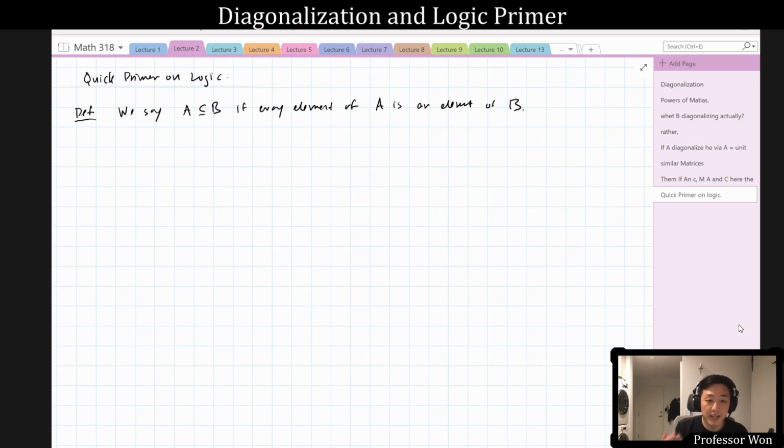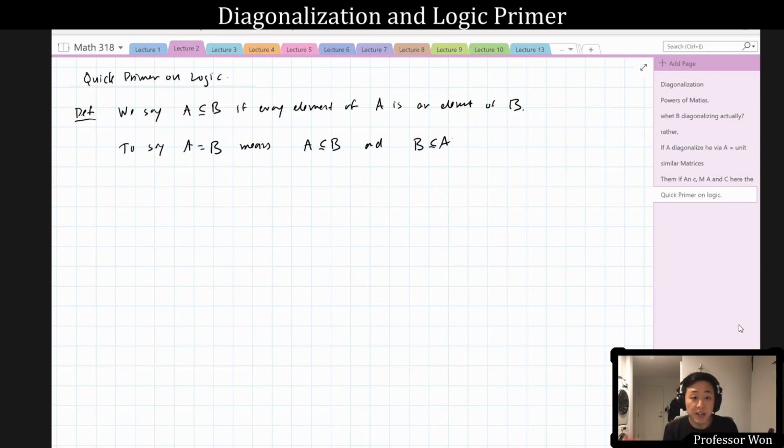Another way is that they're subsets of one another. So to say that A equals B means that A is a subset of B and B is a subset of A.